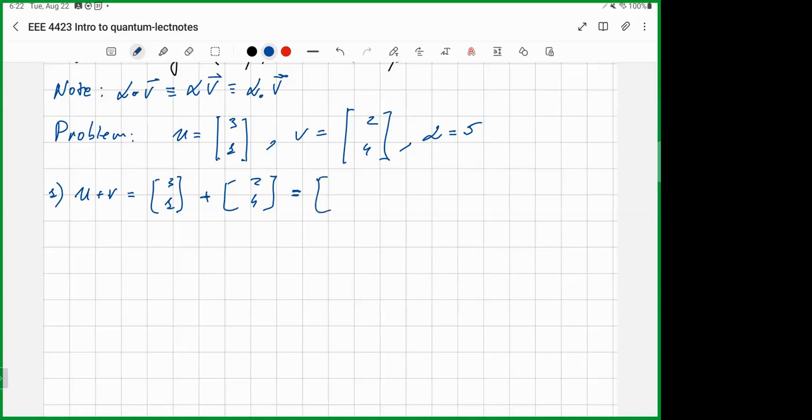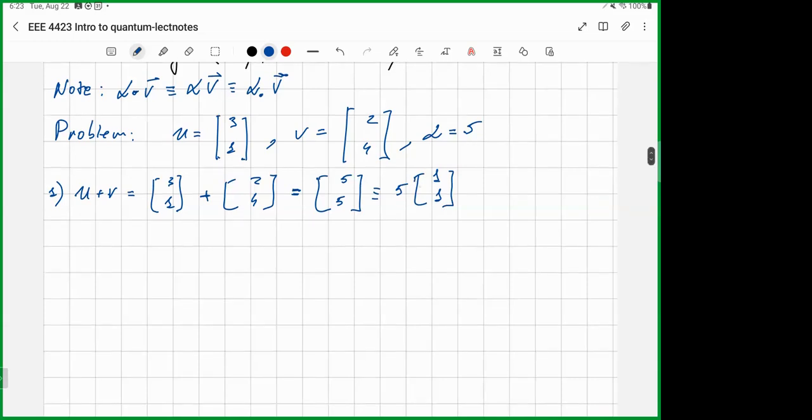So 3 plus 2 gives us 5, 1 plus 4 gives us 5. So this is the result of this addition. One can also write this as 5 times the vector 1, 1. That's also possible, because when you multiply a vector by a number, you basically multiply each component of the vector by this number.